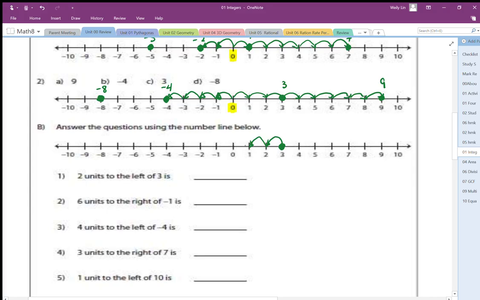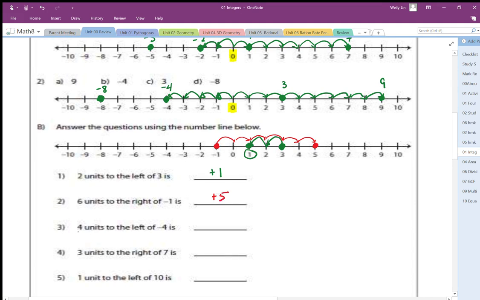So 2 units left of +3, we're going to end up at a position of +1. The next question says 6 units to the right of -1. So here's our position, -1, and we're going to go 1, 2, 3, 4, 5, 6 to the right. That gives us a new position of +5.